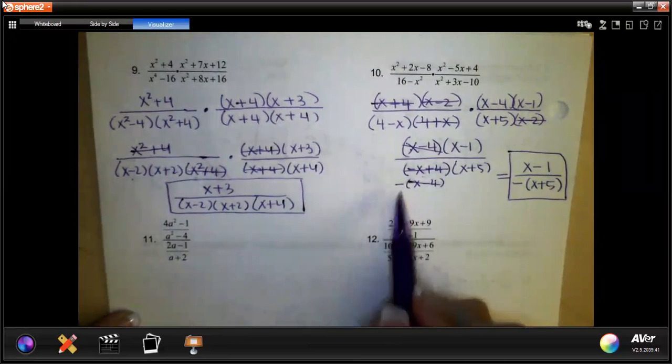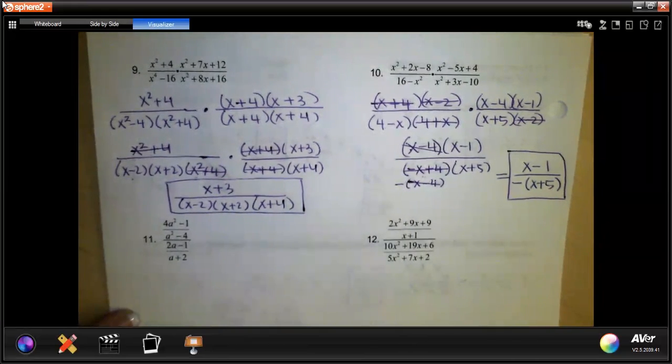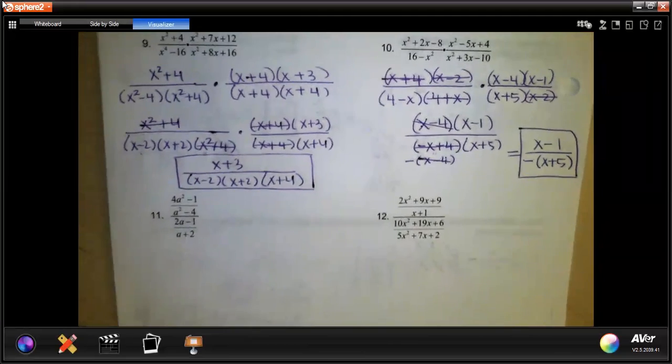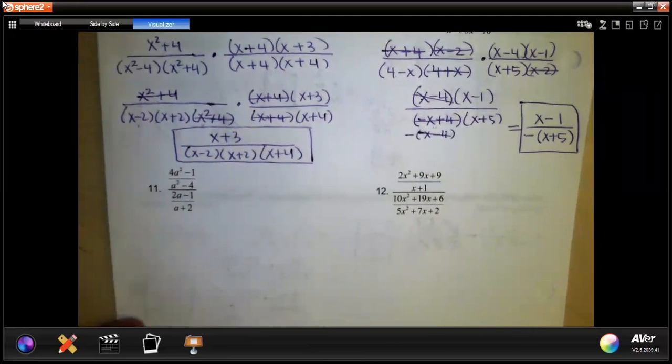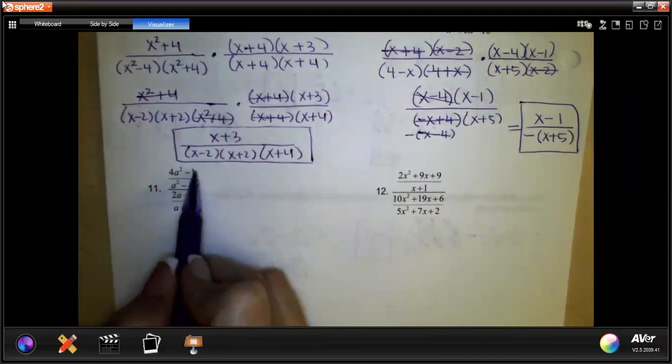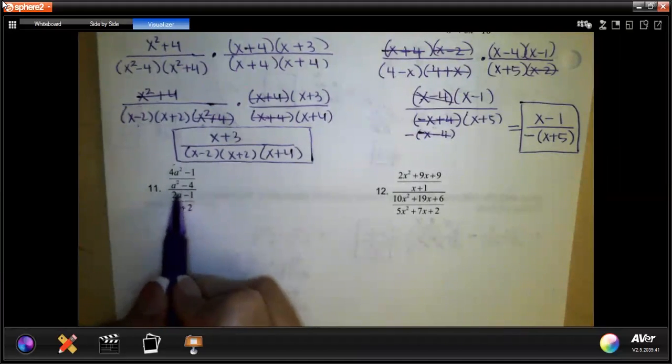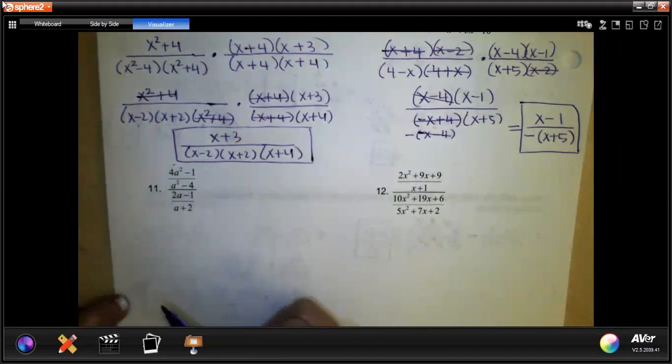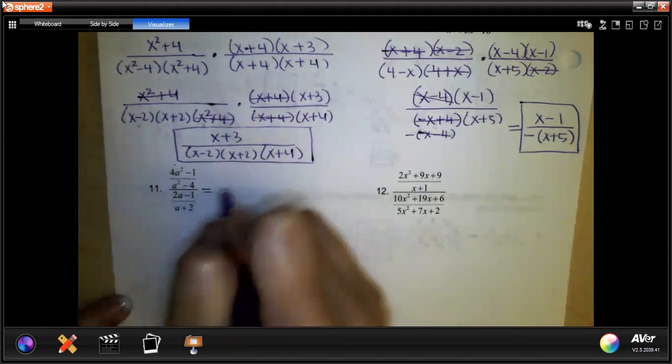That's one that gets a lot of people. All right, these next ones are kind of just a little bit scary just because of the way they look, but it's still division. That's just one fraction divided by another fraction. So don't let that scare you. If it does, go ahead and rewrite it.